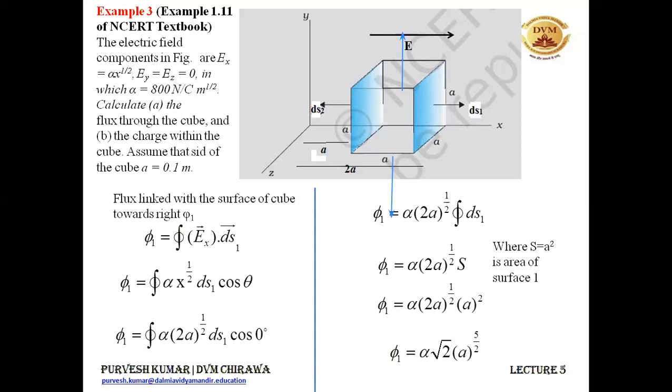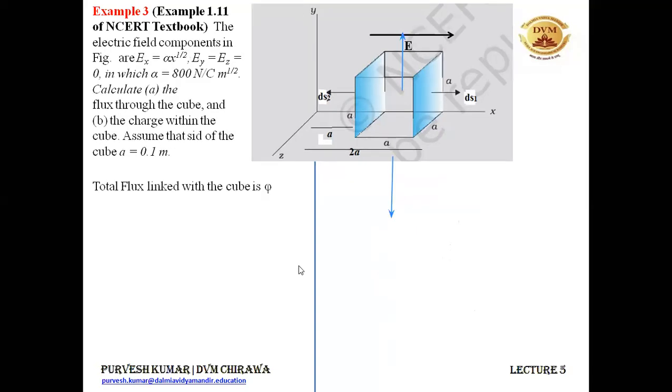Now moving towards the total flux. So the total flux linked with this cube is phi, and that is the sum of the flux through this surface and this surface, that is equal to phi 1 plus phi 2. Now I am talking about the cube. Earlier we were finding the individual flux of the surfaces.